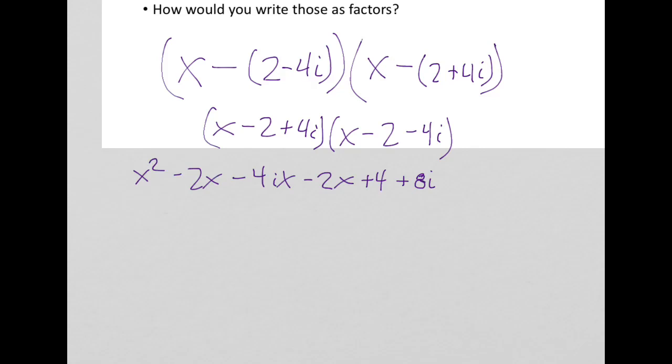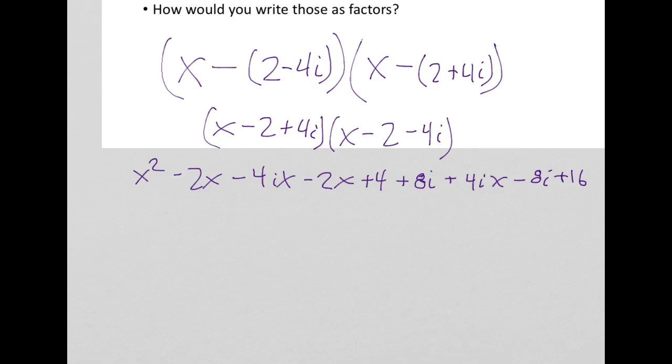Now in my last term, 4i times x is positive 4ix. 4i times negative 2 is a negative 8i. And 4i times negative 4i is a negative 16i squared, which is the same as a positive 16.